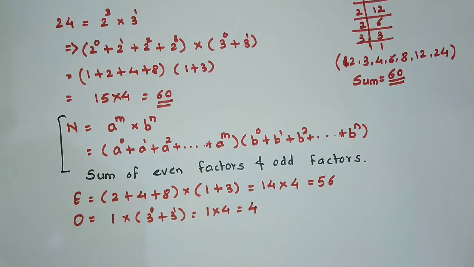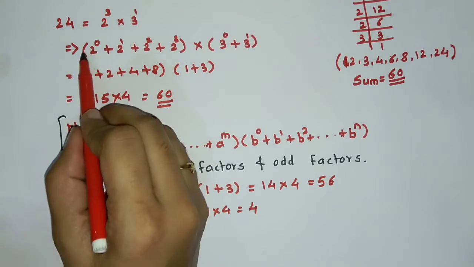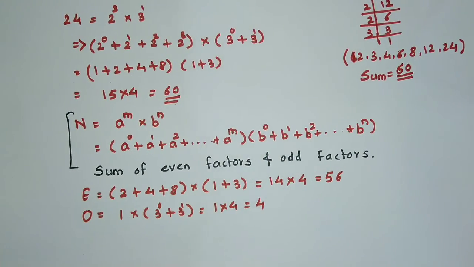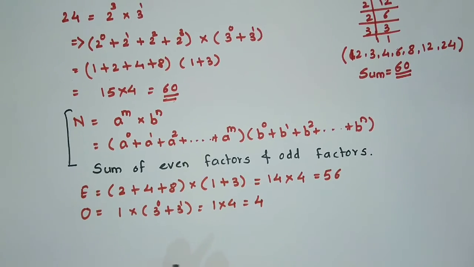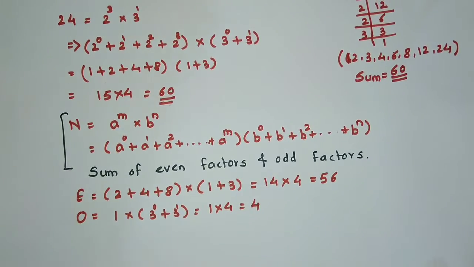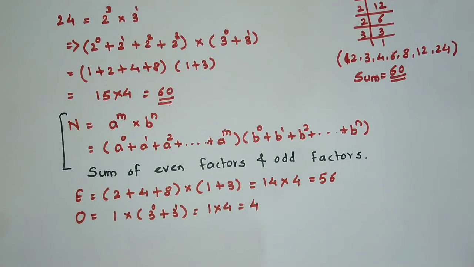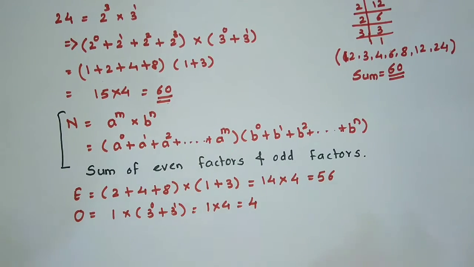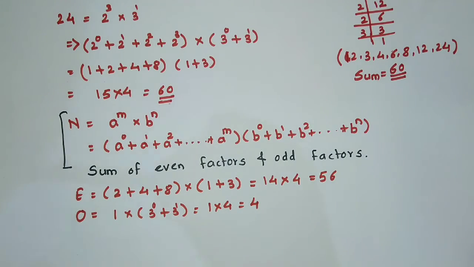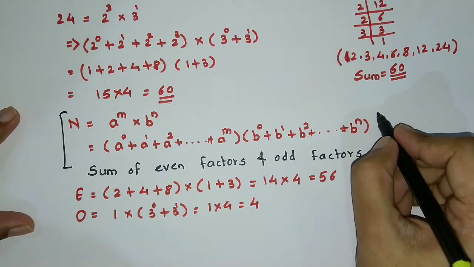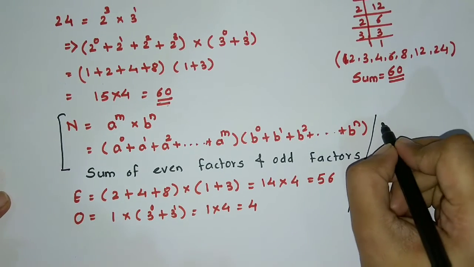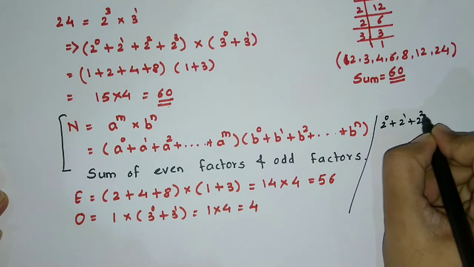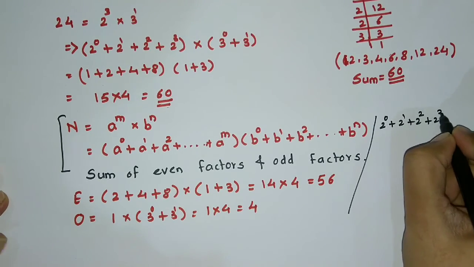Now, 24 is a small example. If you have an example with 3 digits or 4 digits, then what are we going to do? See, here, 2 raised to 0, 2 raised to 1, 2 raised to 2 and 2 raised to 3.